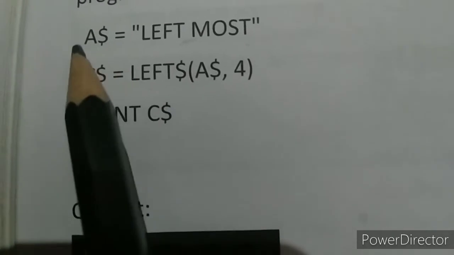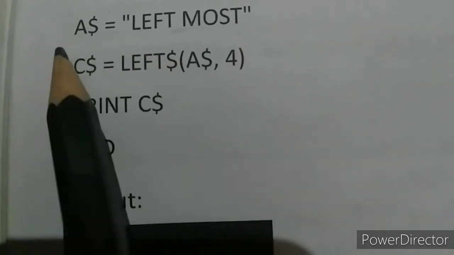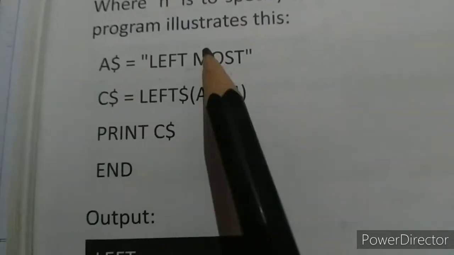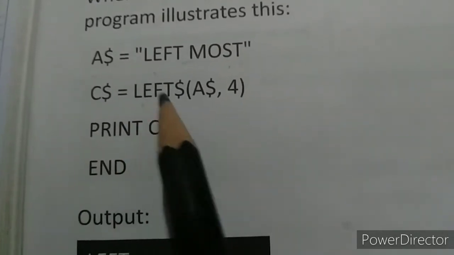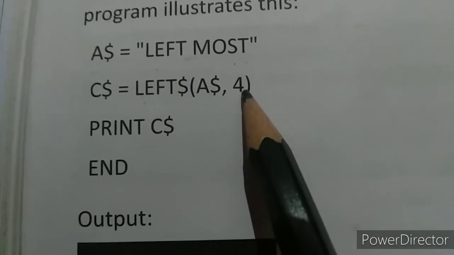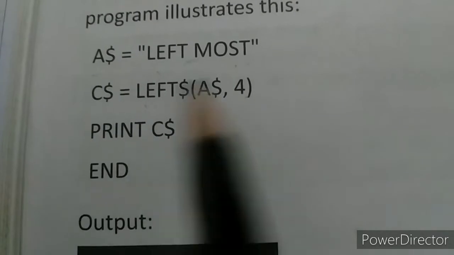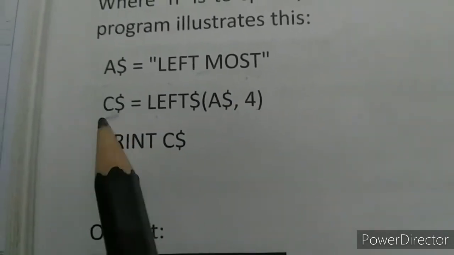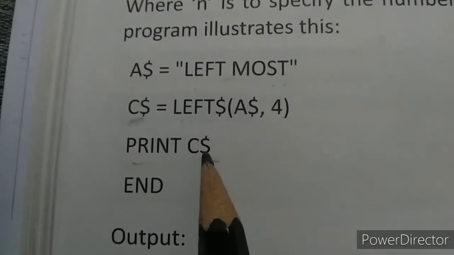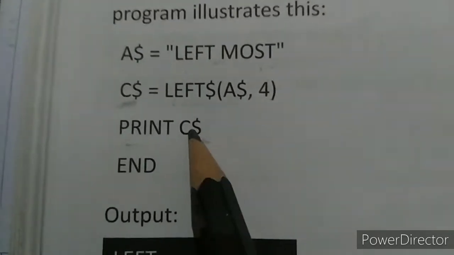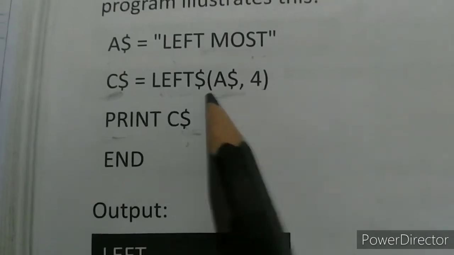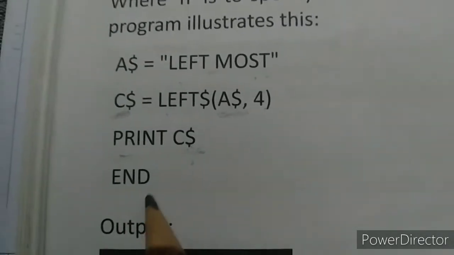So in $A, leftmost is stored. Now we use the left function to cut 4 characters from the left and store these characters in the C string, and now we print C, and C has the left 4 characters of the string which was in A. So here the program ends.